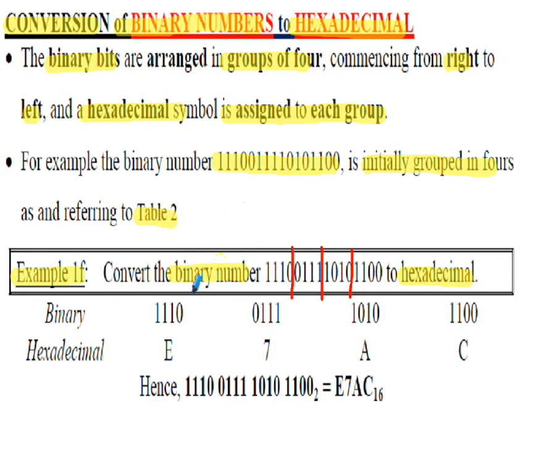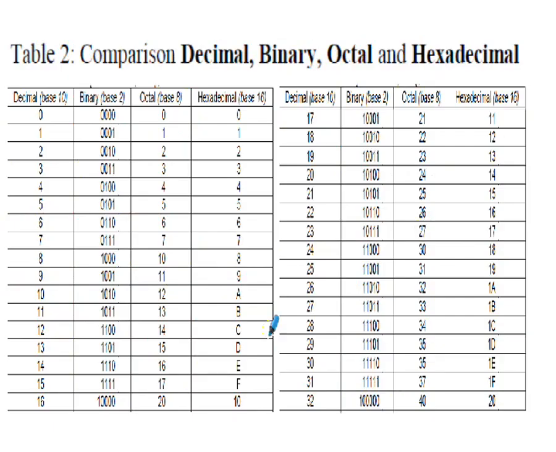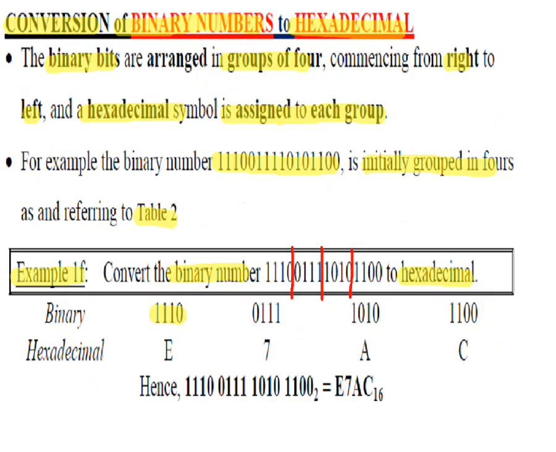So taking the first group, the 1110, we go to table 2 on the previous slide, and for 1110 in the binary column, we see that is E in the hexadecimal numbering system. So we simply replace that with an E for hex. Looking at the next 4-digit group, we've got 0111.